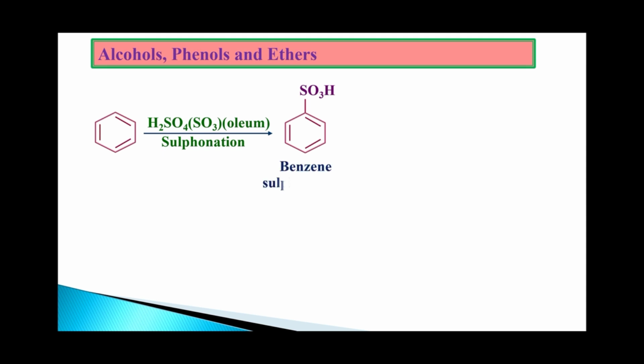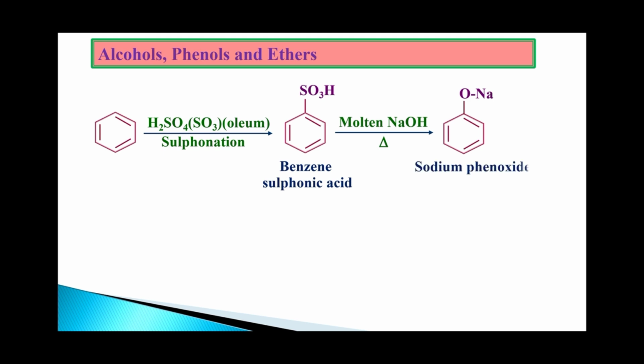This is fused with molten sodium or NaOH to give sodium phenoxide, C6H5ONa, where O minus Na plus is present as a charge. It is further acidified in the presence of dilute HCl or H2SO4, and we get the final product, phenol. This is an important reaction you have to remember, a preparatory method of phenols.